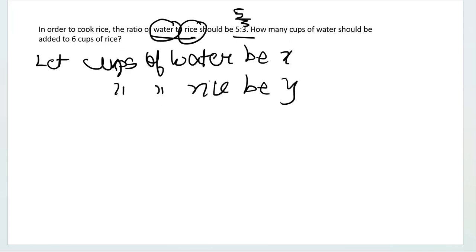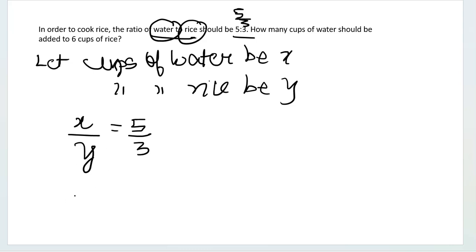In this case, we are not given the value for water and the value for rice. Therefore, let cups of water be X and cups of rice be Y. Now it is said the ratio of water to rice should be 5 upon 3. Water in our case is X and rice in our case is Y. So water upon rice, this value is 5 upon 3.